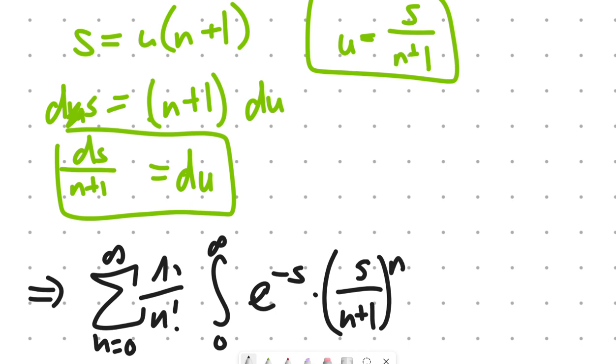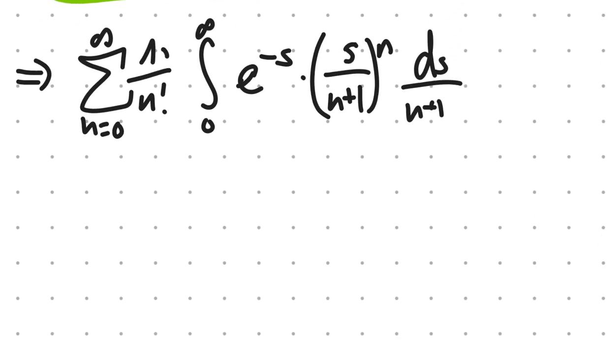And now we're going to multiply by du, because now we have the du now. I'm sorry, du is gone now. We are using ds. So ds is equal to du times n plus 1. So du is equal to ds over n plus 1. So we're just going to write ds over n plus 1.